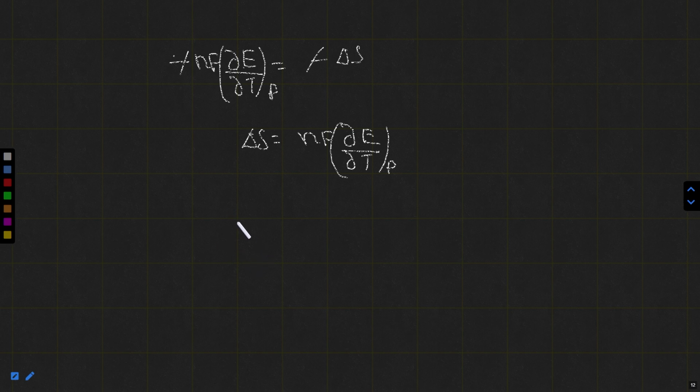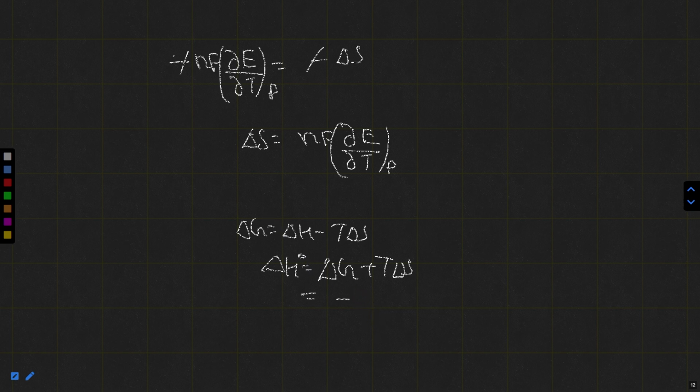Further, we have taken this equation which says that delta G is equal to delta H minus T delta S. So if you want to calculate delta H, it would be delta G plus T delta S. We know the value of each of these. Delta G is equal to minus nFE.